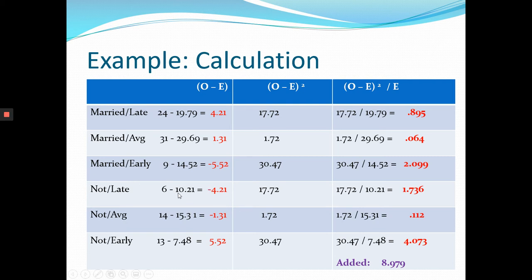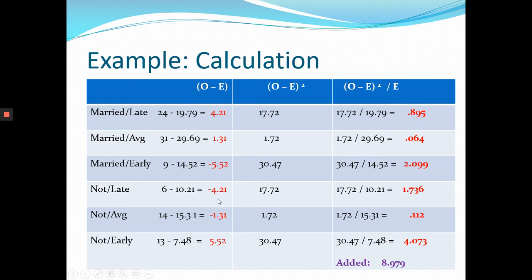Just look at this, O minus E. We expected more people to be in that cell than there actually were. So there are fewer people who are not married and die late than we would expect just based on the probability of how many unmarried people and how many people who die late are in our sample.